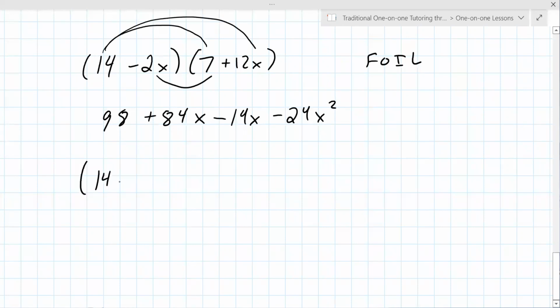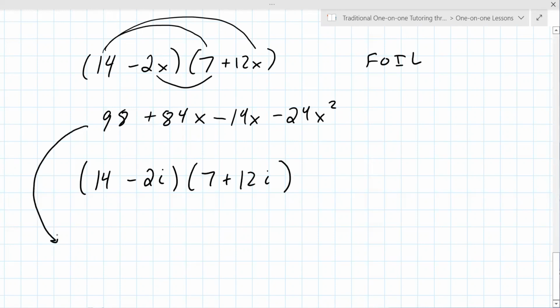But you'll get a problem like this, where instead of x's, they give you i's. Does this change the answer from the previous line if it's i's instead of x's? No. It's just i's instead of x's.